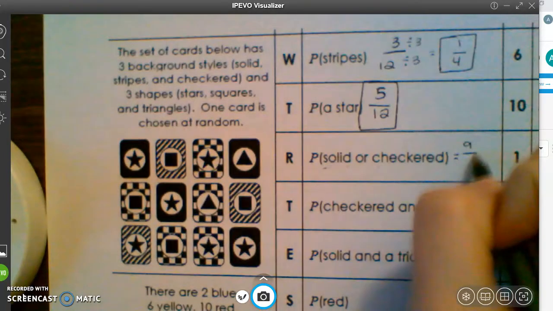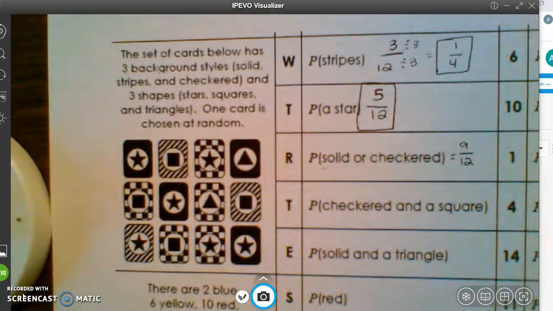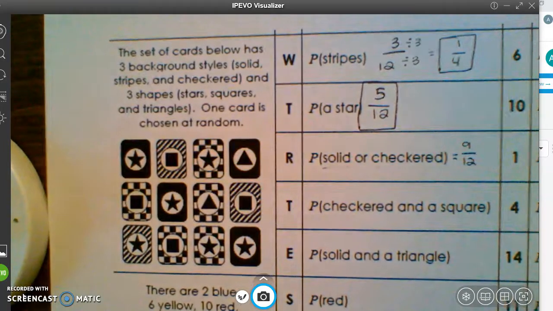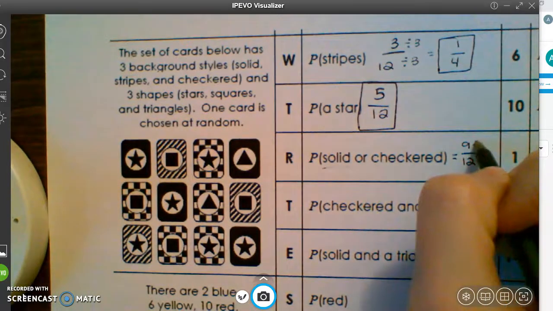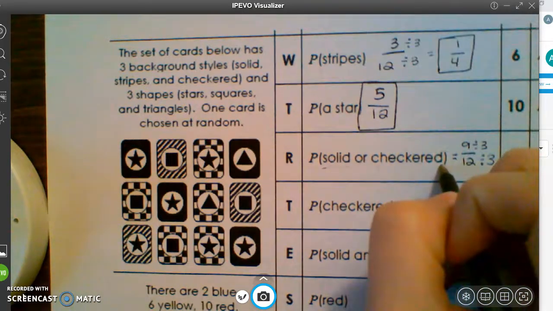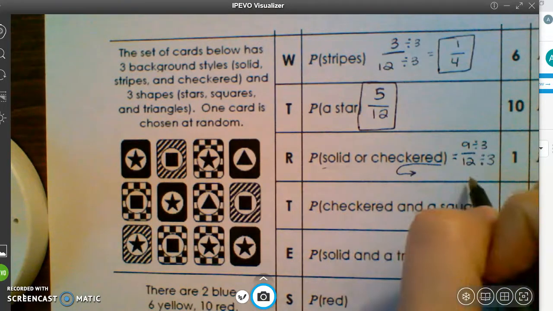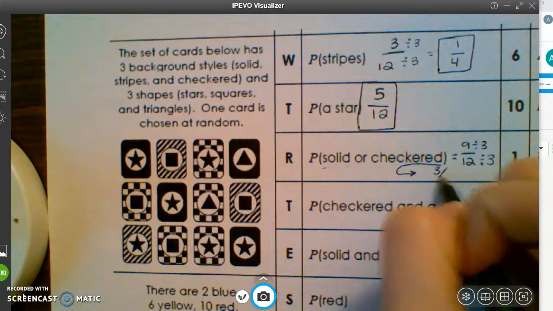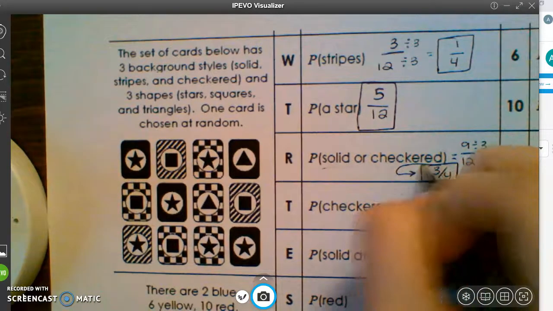So that's a 9 out of 12. Now that 9 out of 12 wouldn't be exactly correct because we can simplify it down. We can divide those both by 3. I'm going to move it over here and we would get 3/4. Okay.